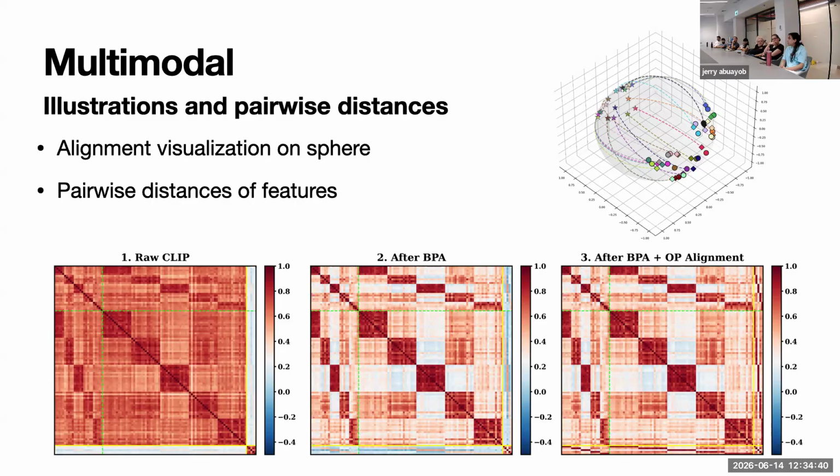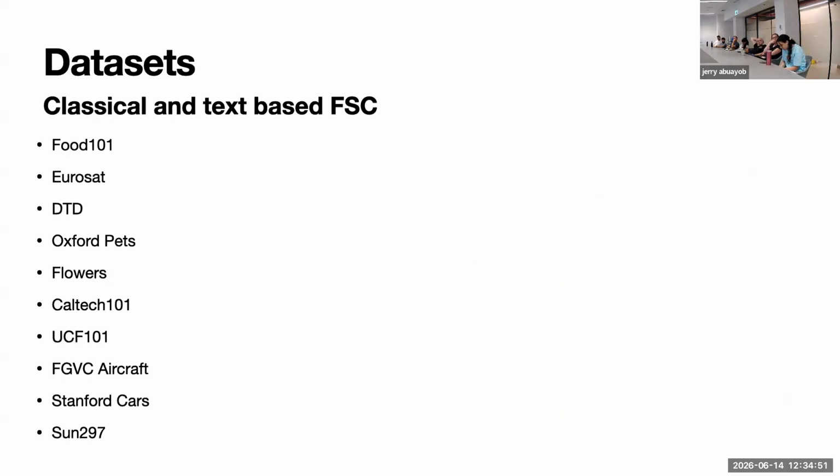Okay, so that's regarding the method. I'm just gonna go through the results real quick. So our experiments were done. If you recall, I said that few-shot classification has this nice thing where the test classes should be unseen by the model.